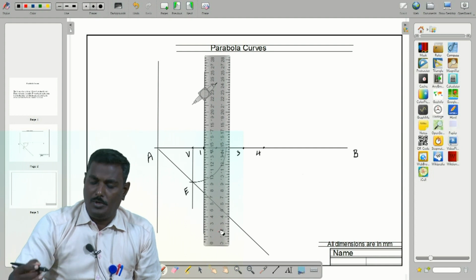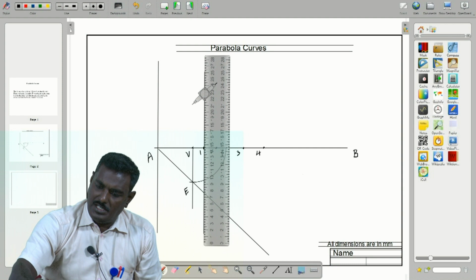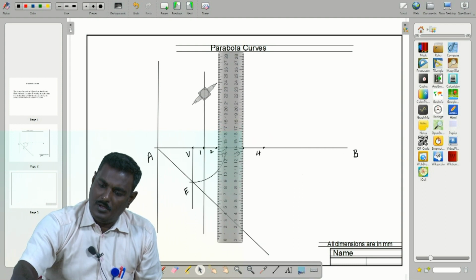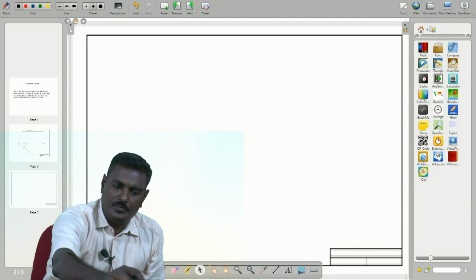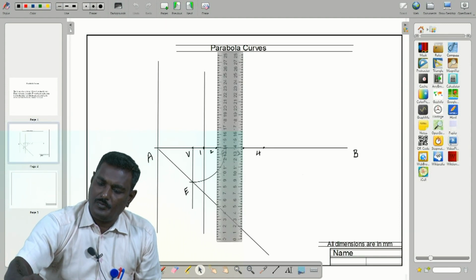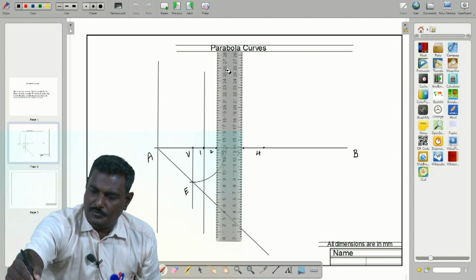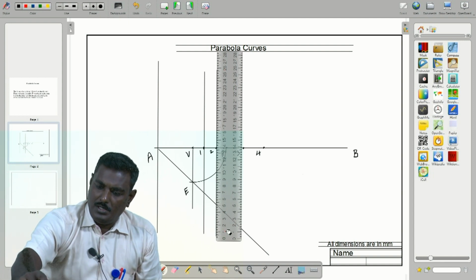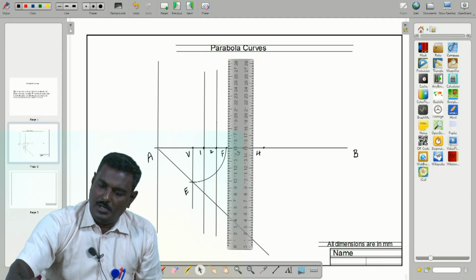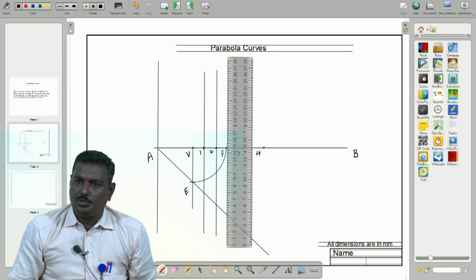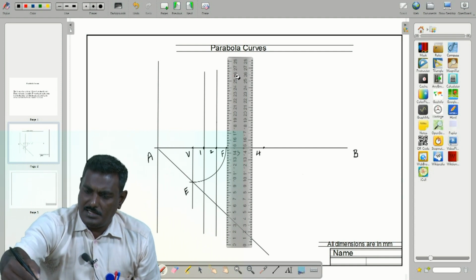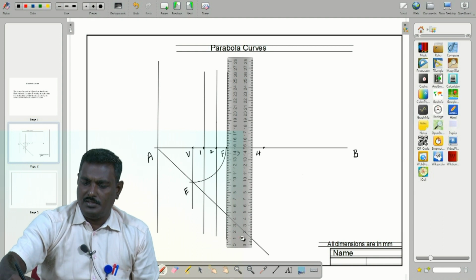Similarly, draw a vertical line from point 2 and F. Whether you have to draw a vertical line through F or not, I just consider F also as one of the points for construction.